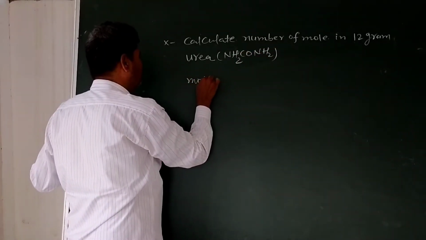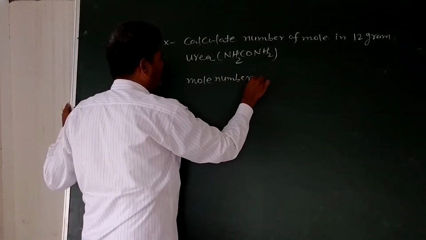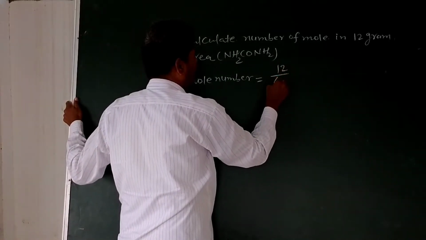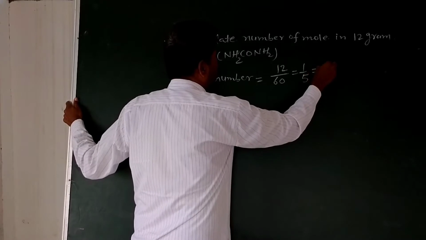Mole number is equal to given mass of urea upon molar mass, 1/5, that is 0.2.